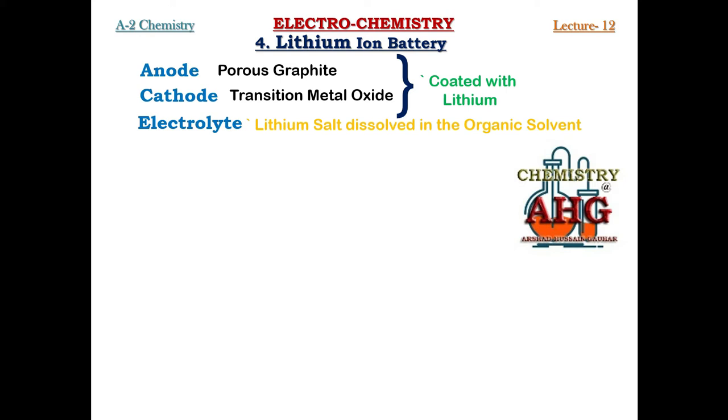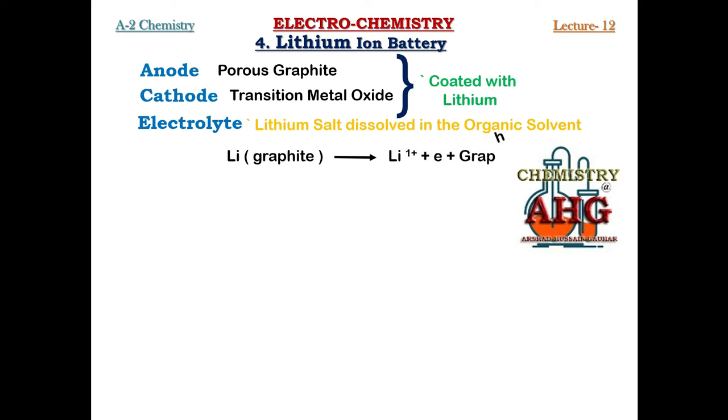It is very simple to remember: at the anode, oxidation takes place. The lithium metal that is coated on the porous graphite will undergo oxidation into lithium ion. So at the anode, during discharge, lithium deposited on porous graphite is oxidized to lithium ion.